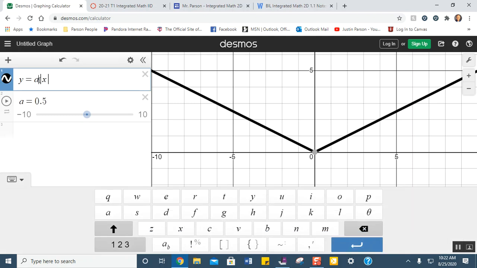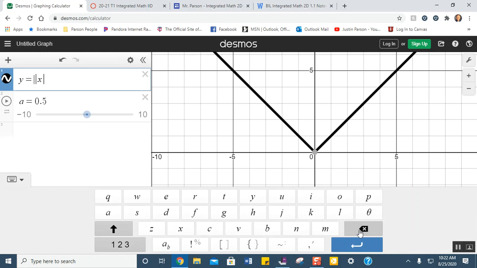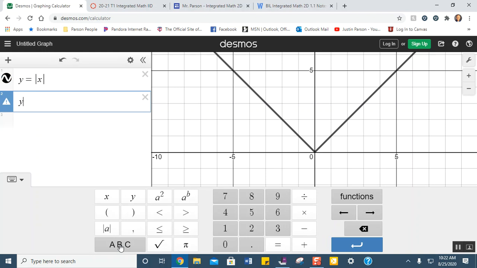Well, let's do it this way. Let's get rid of this slider, and let's type in y equals 1/2 x, 1 over 2 x. Oh, I need an absolute value. I'm really messing stuff up here.